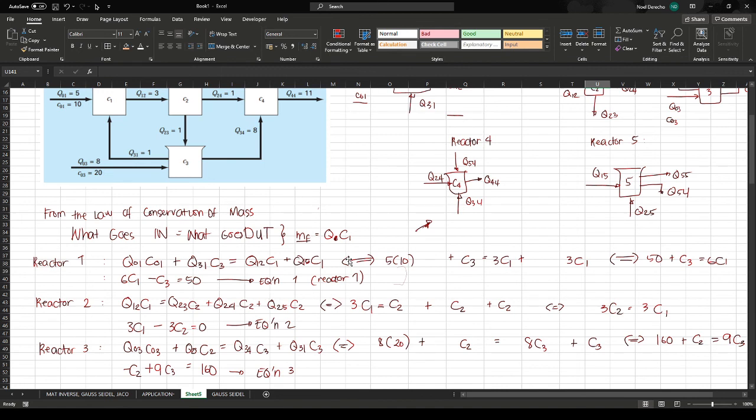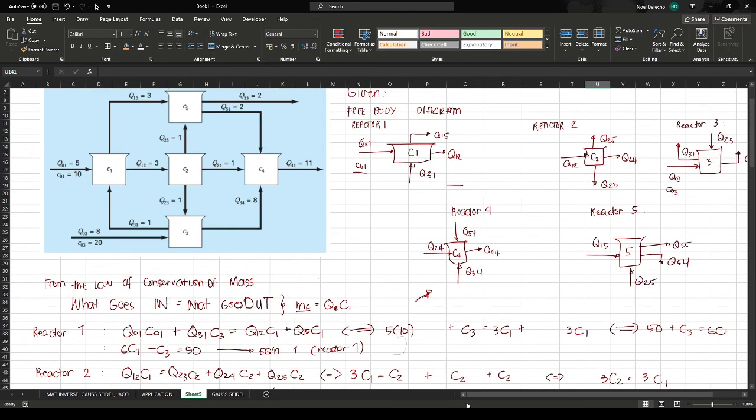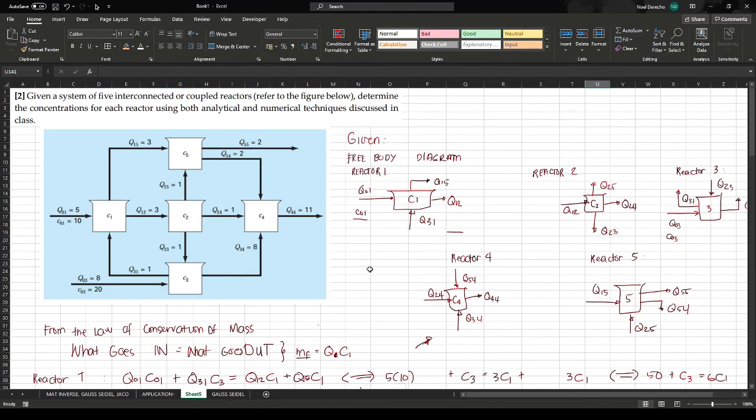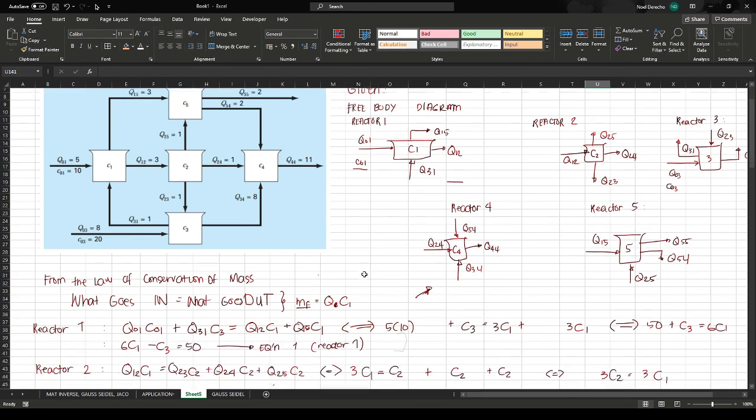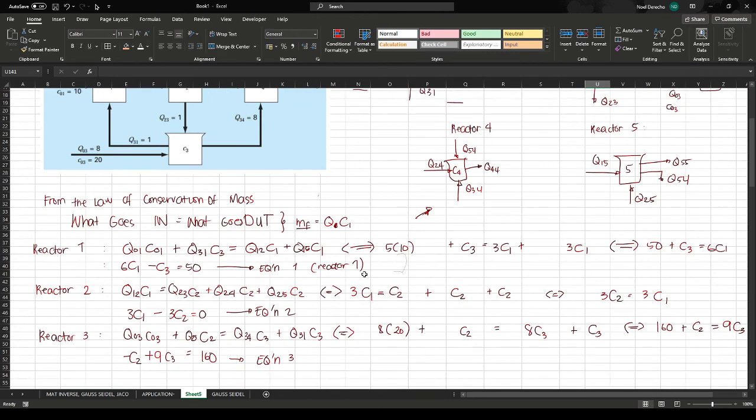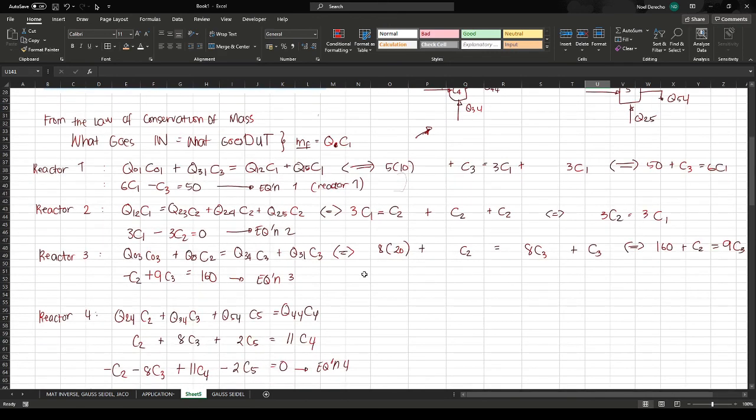And if you don't know that mass flow is equal to QC, you cannot create the equation either. So you need to have a scientific background of the problem so that you can create these governing equations, and afterwards translate these governing equations into iteration equations, then apply Gauss-Seidel. Okay, so that is all. Thank you.